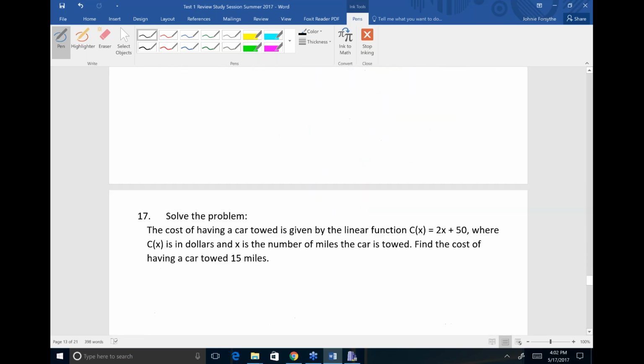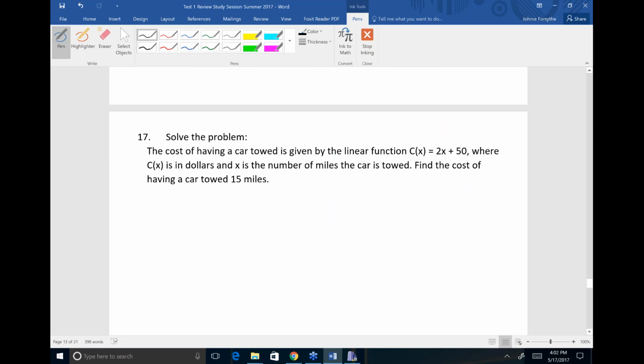Okay, let's look at this next one. So here, the cost of having a car towed. Very similar problem, actually, except that you are given the linear function. The cost of having a car towed is given by the linear function C of x equals 2x plus 50, where C of x is in dollars and x is the number of miles the car is towed. Find the cost of having a car towed 15 miles. So 15 miles is going to be your x.